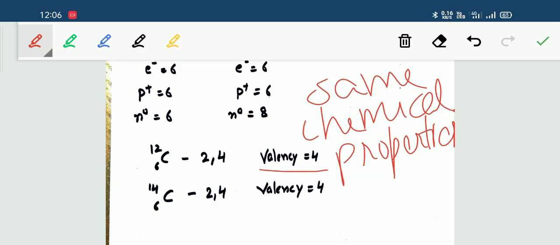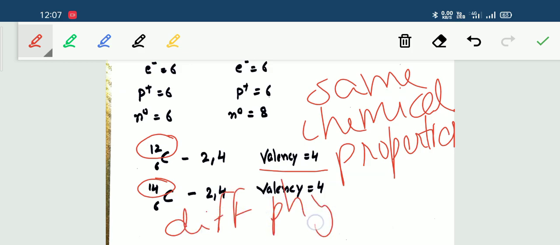Number two, physical properties. Physical properties depend upon the mass of a substance. Since these two have different mass numbers, they will have different masses, because we know that masses are numerically equal to mass numbers. That means for the first case the mass is 12 and for the second case the mass is 14 u. And since they have different masses, they will have different physical properties.